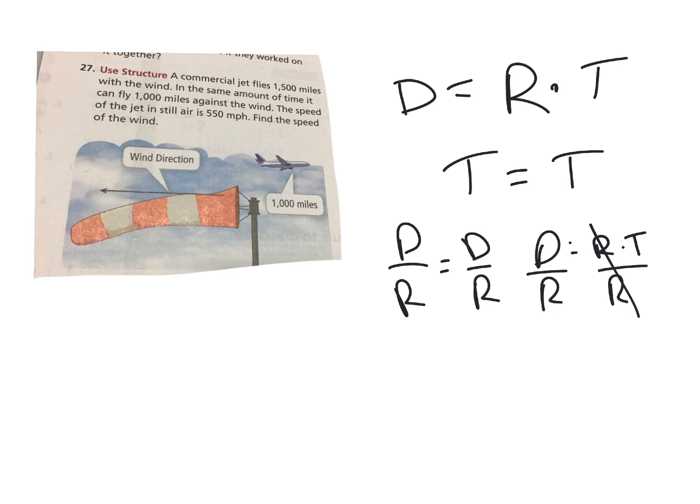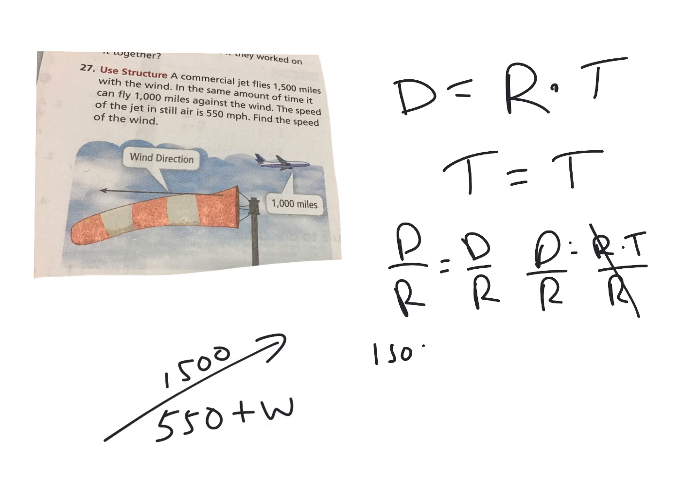So we're saying 1,500 miles with the wind, right? And then it says, down below, the speed of the jet in still air is 550 miles an hour. So if it's going with the wind, we're going to add the wind to it because it's helping us. So that's one of our distances divided by our rates.